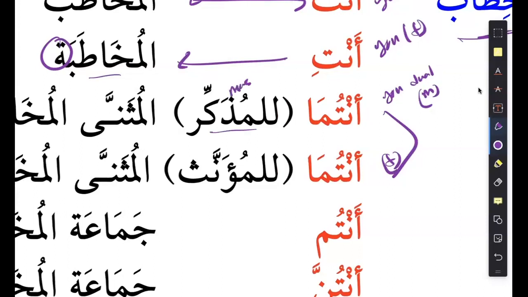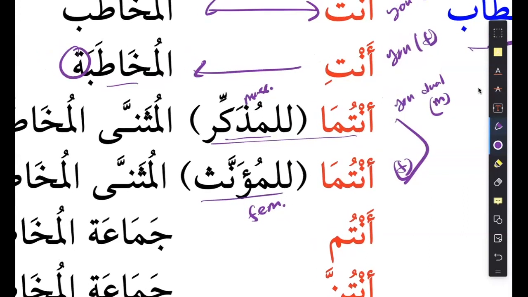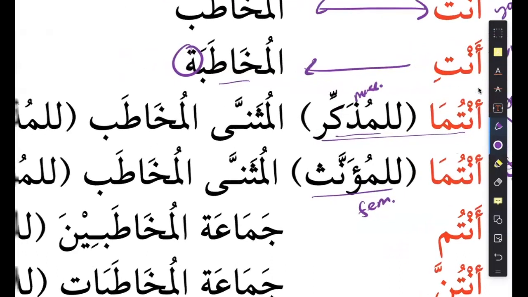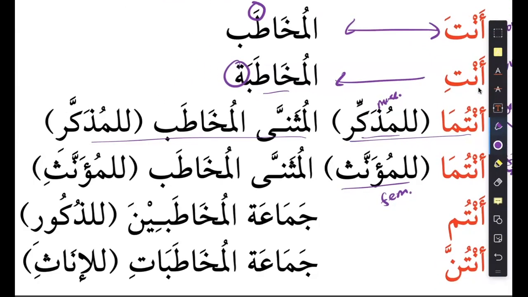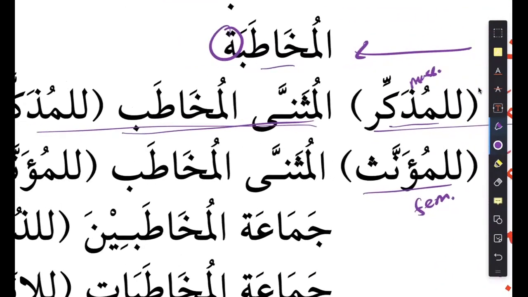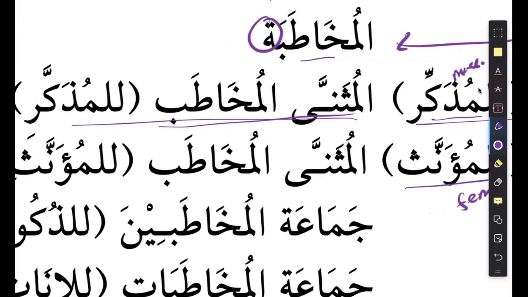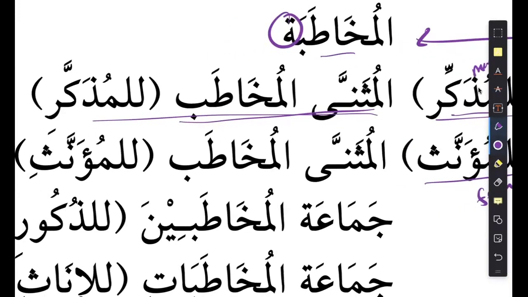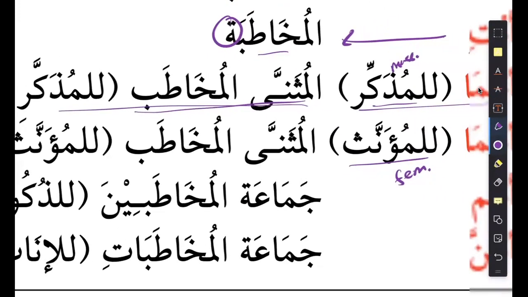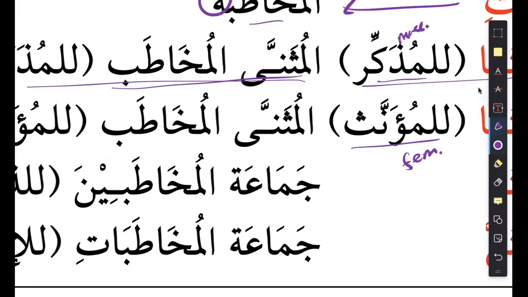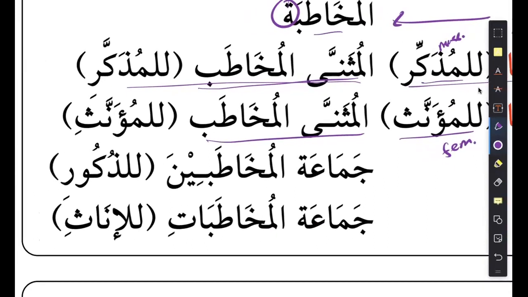Mudhakkar is masculine and muannath is feminine. So the first one, they're using it for the mudhakkar. You say al-muthanna al-mukhatab. Muthanna is the dual. Two addressees for the masculine. Then second one is al-muthanna al-mukhatab, the two addressees lil muannath.